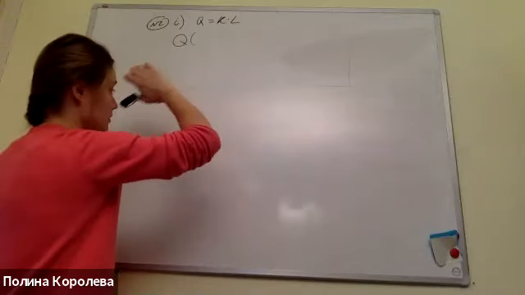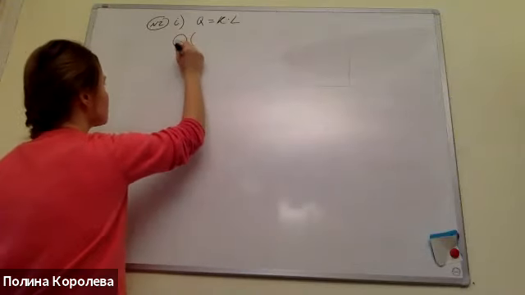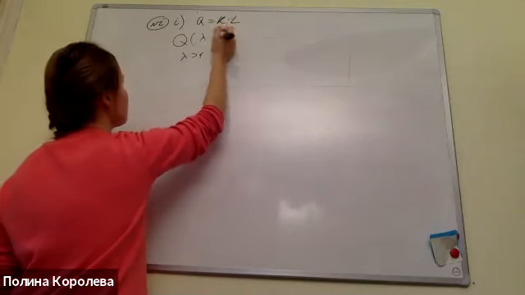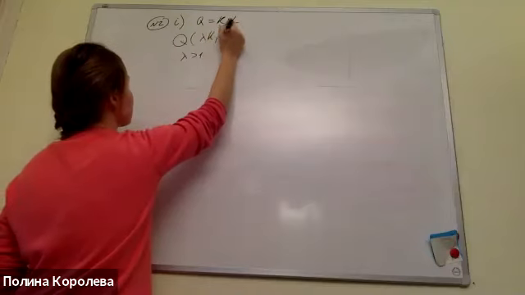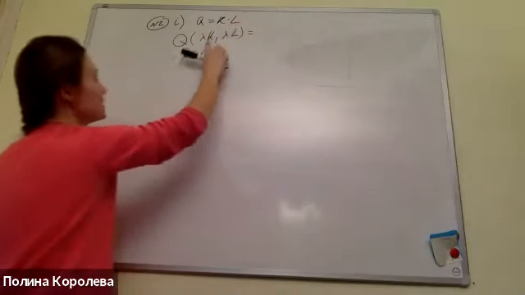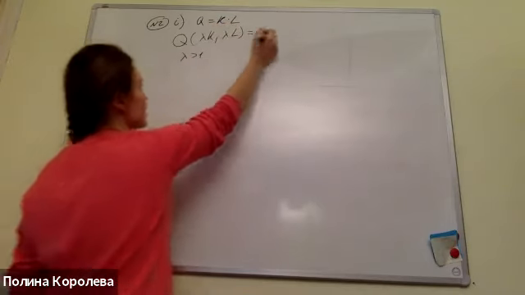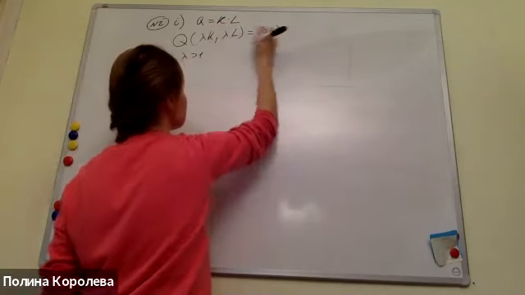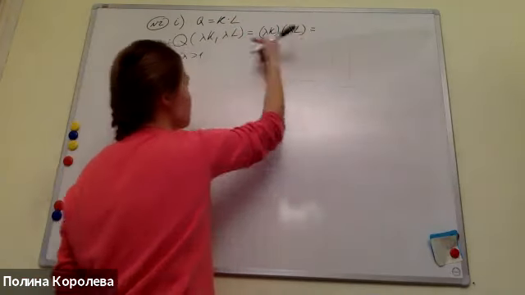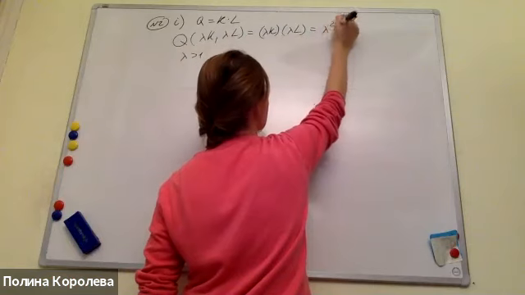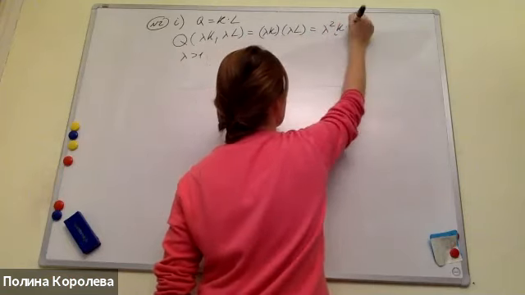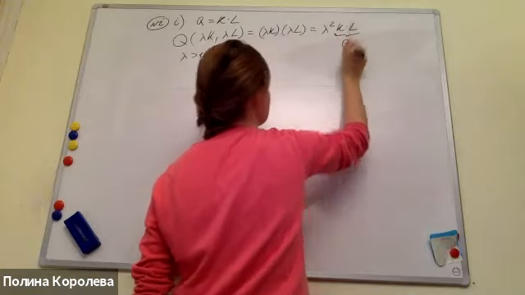Yes, exactly. So let's check in general for lambda greater than 1. If we make capital and labor lambda times bigger, what does that mean? Instead of capital, we should write lambda capital. Yes, instead of labor, we should write lambda labor. So open the brackets, it will be lambda squared, capital multiplied by labor, and this is the previous quantity.